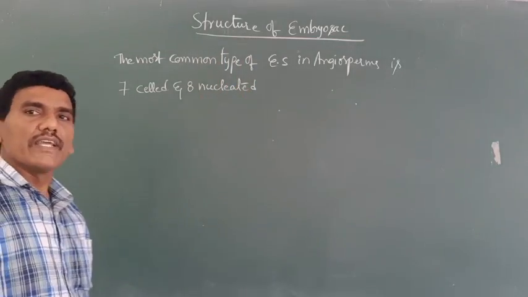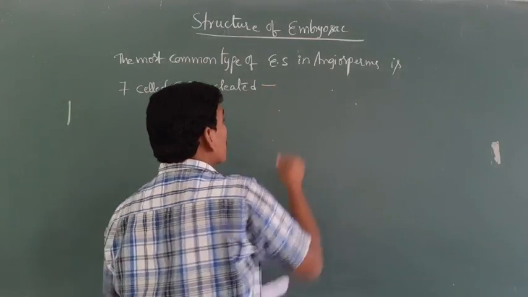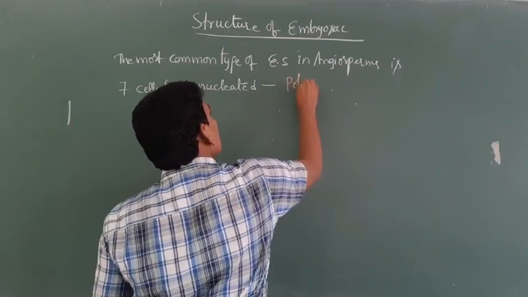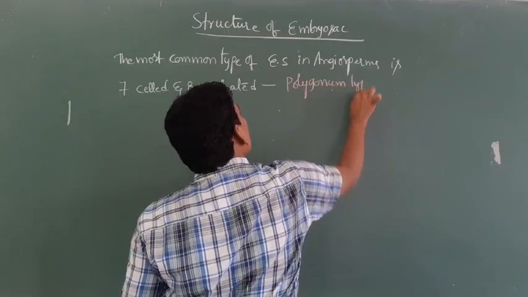This is the polygonal type of embryo sac.